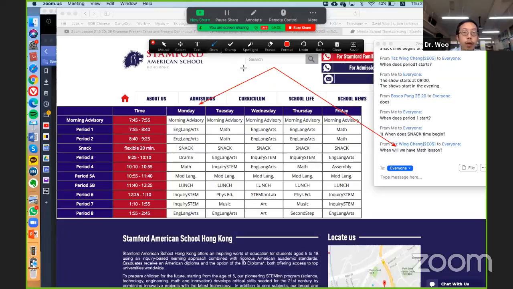The reason why we use the present tense is because this timetable or schedule doesn't change. It's very stable. It's factual. So that's one reason why we use the present tense. So can you ask that question again using the present tense?